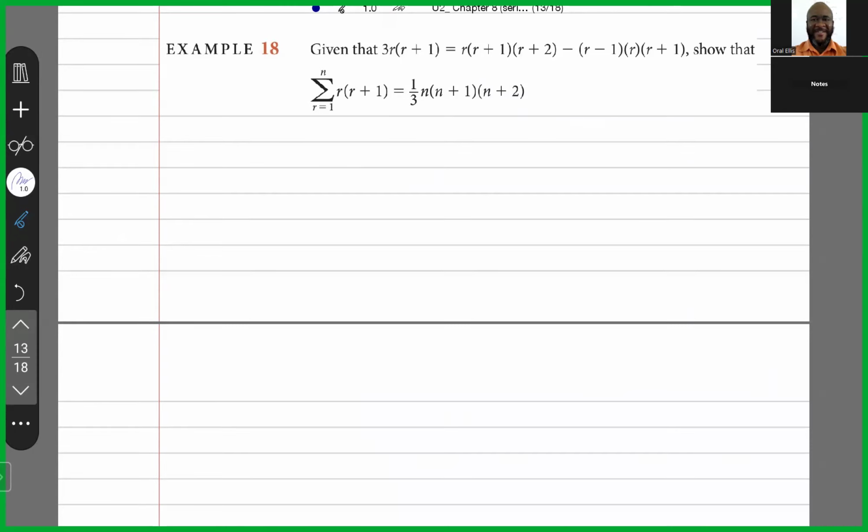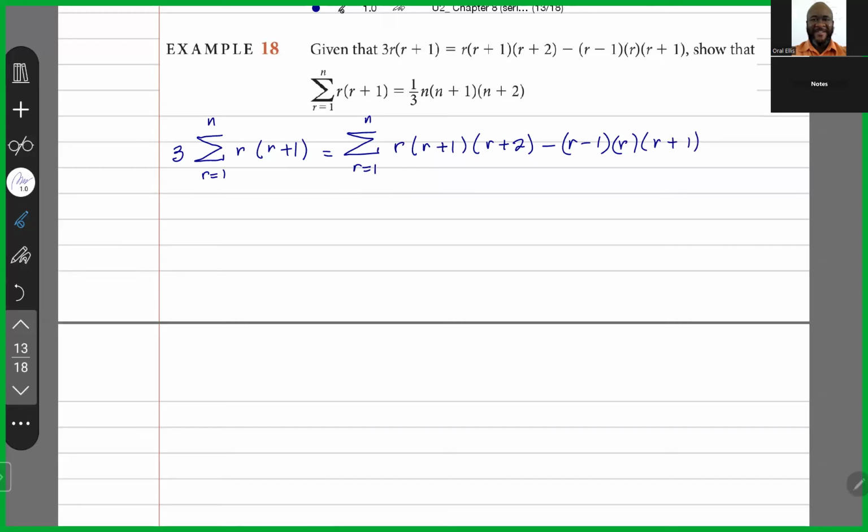All right, first of all, 3 times the sum from r equals 1 to n of r times r plus 1. 3 times that sum is equal to the summation from r equals 1 to n of r times r plus 1 times r plus 2 minus r minus 1 times r times r plus 1. 3 times this sum is equal to that.